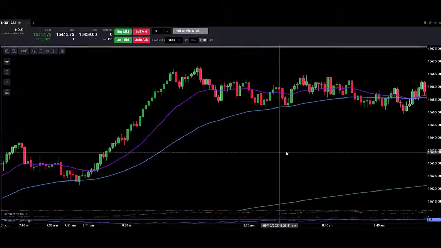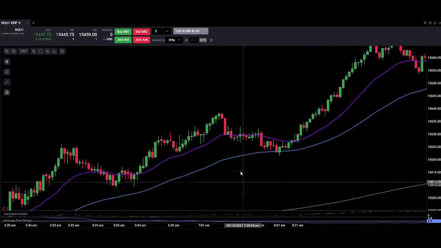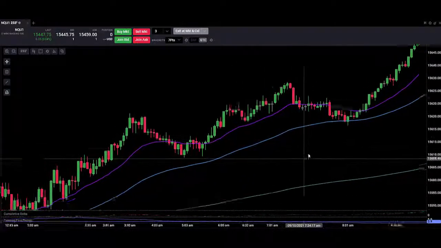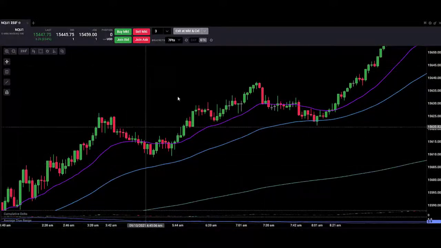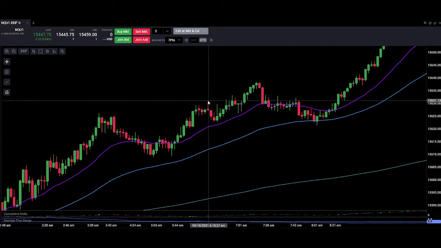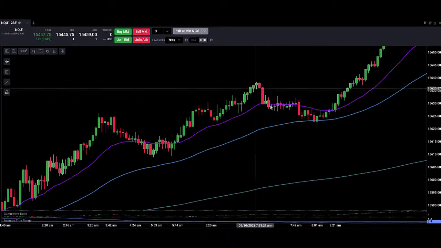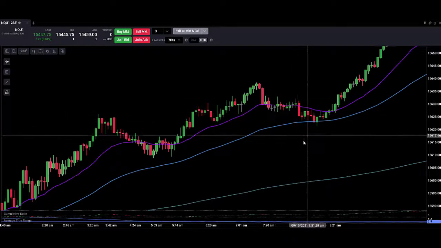But look at this, this is going into the open. I took some of these trades, but I don't know why it's not loading up, so I can't share them with you. We pull back into the EMAs, bang, pull back, bang, pull back. Probably got stopped out on this one. A lot of churn.